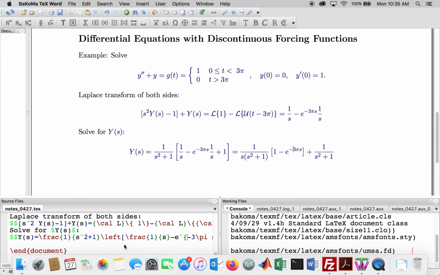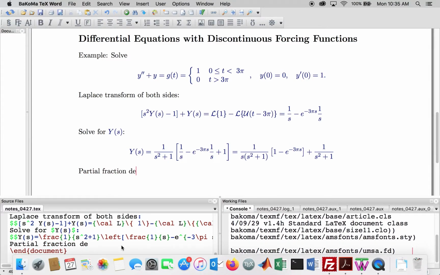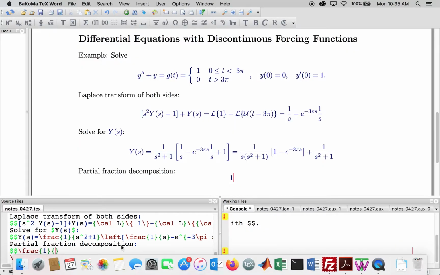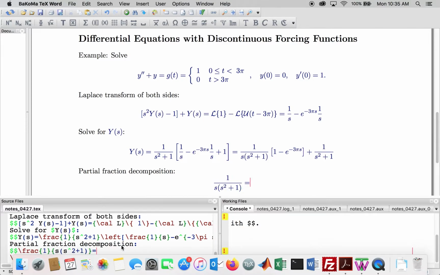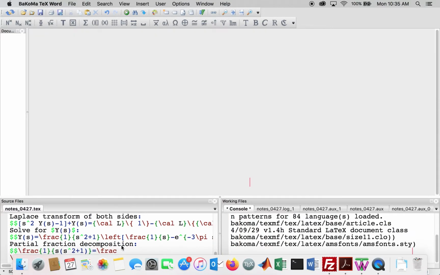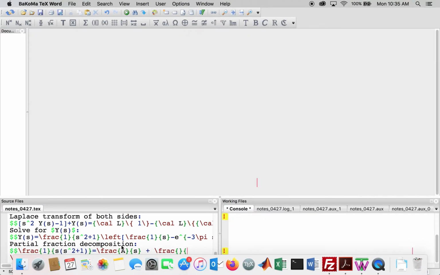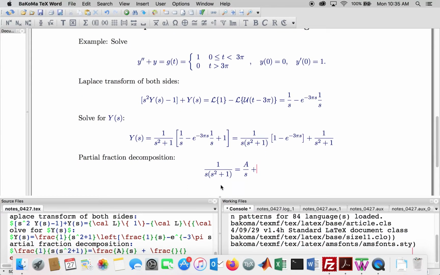So we need to carry out a partial fraction decomposition of 1 over s times s squared plus 1. So that's going to be equal to a constant over s plus, now the rest of the denominator is s squared plus 1.